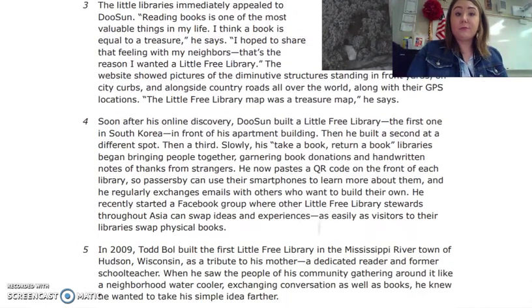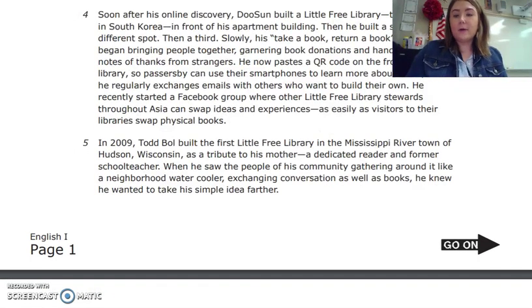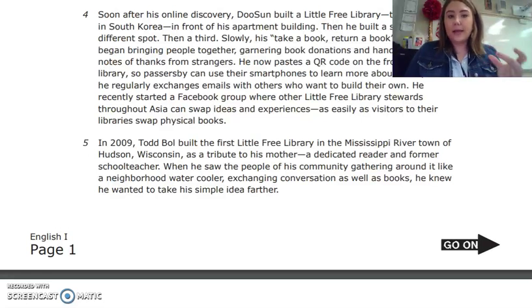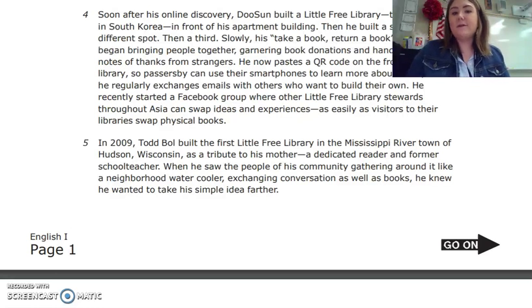In paragraph 3, whenever he talked about how he wanted to build this idea of Little Free Libraries and how he wanted to expand on it. So right away, I'm kind of seeing a connection right there. And because he said that he also saw people coming together, loving books and exchanging good conversation based on these books. So that made him want to take this idea farther. Okay, I like that.